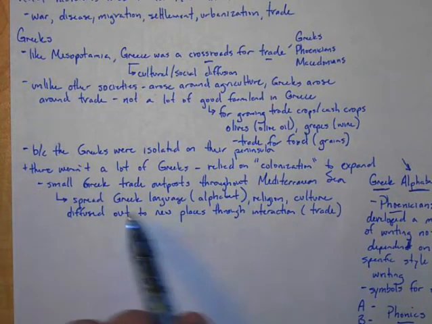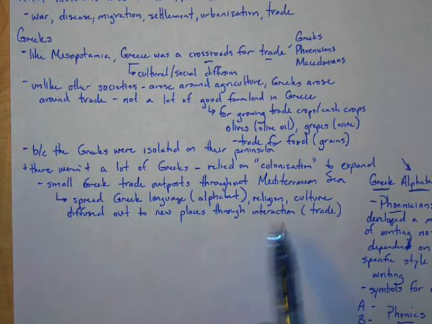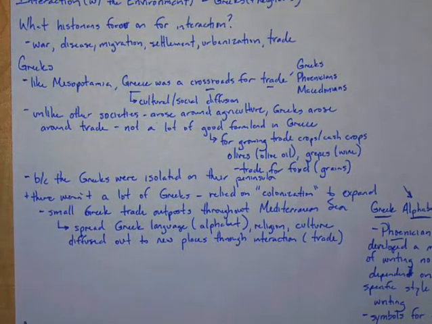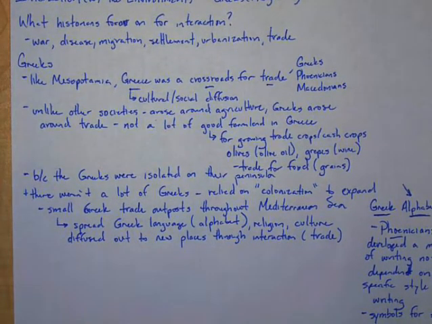You're probably going to be speaking Greek. You're probably going to be eating Greek food or dressing in the Greek way. Even though the Greeks aren't in charge, the Greeks are everywhere. And so through spreading their culture, through interaction of trade, the Mediterranean Sea kind of became a Greek area.